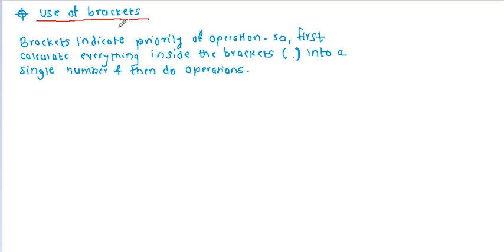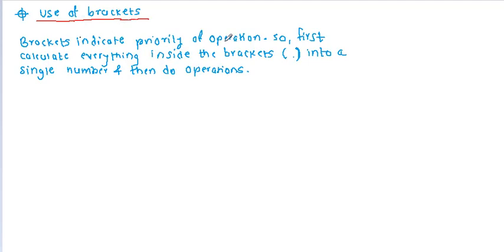Today we will learn how to use brackets in calculations. The basic purpose of brackets is to indicate the priority of operations.